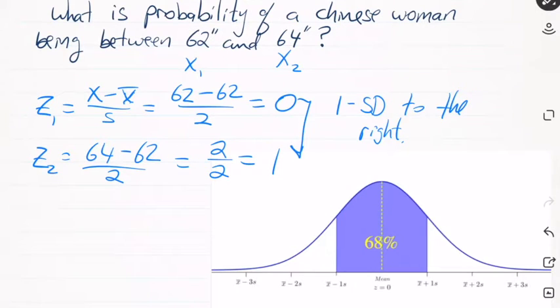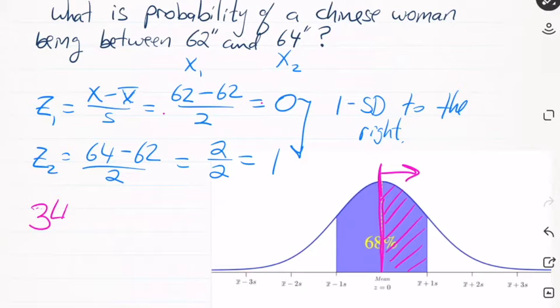So the picture that comes into play is the 68% picture, but the answer is not 68% because we are only dealing with the graph to the right. So we're only dealing with this portion of the graph, which is half of the 68%. So from 0 to 1, we're going to be getting 34%.